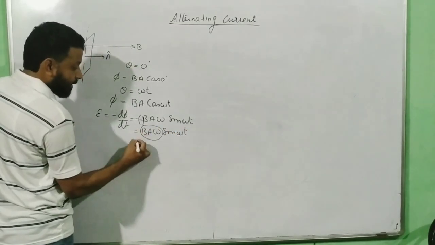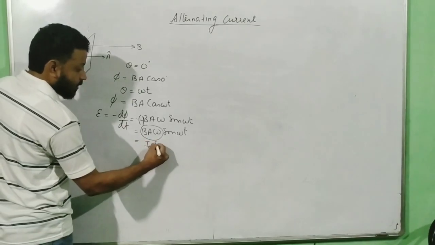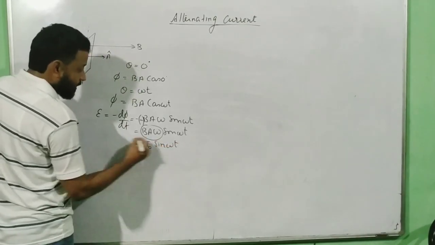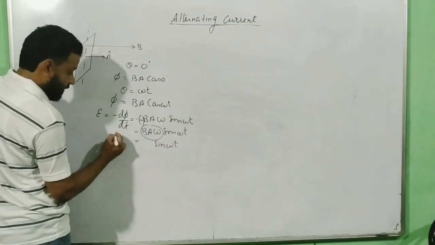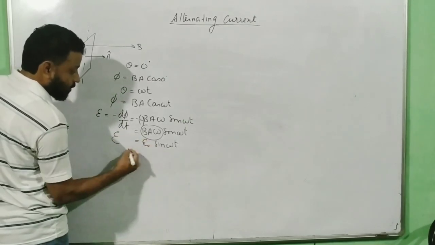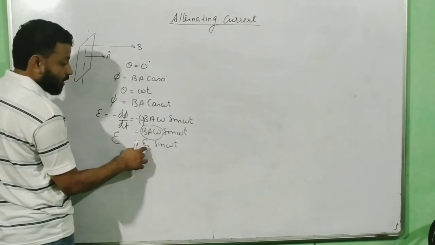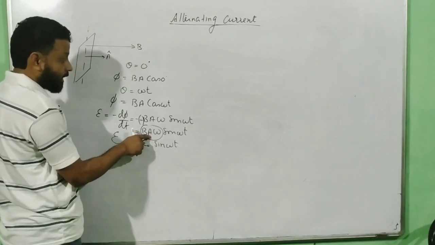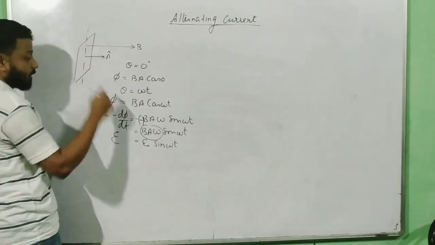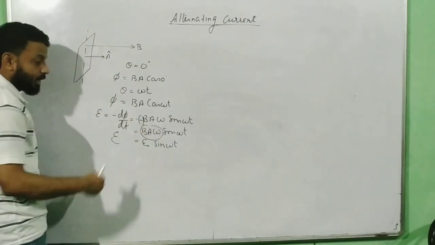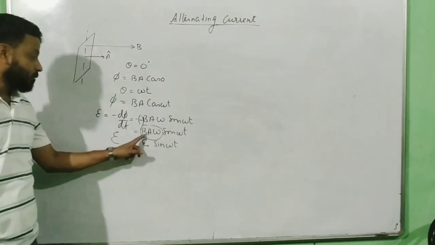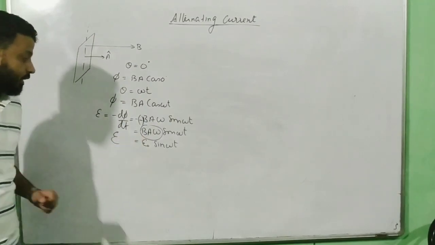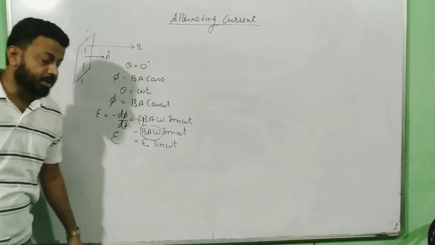And this BA omega is called E naught, where A is the area of the loop, B is the magnetic field, and omega is the angular frequency or angular velocity. Hence we have created the alternating potential.